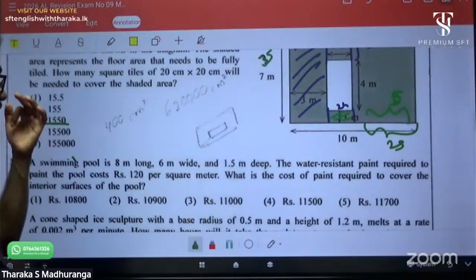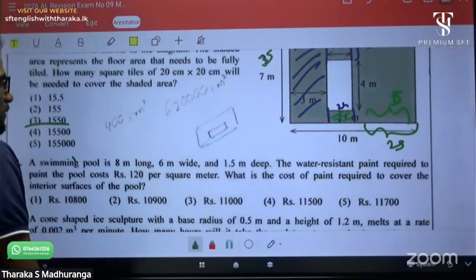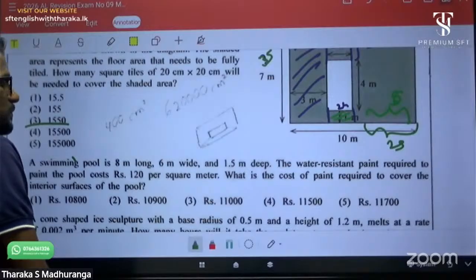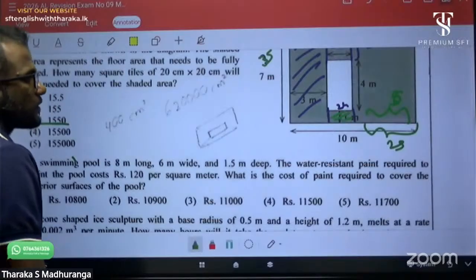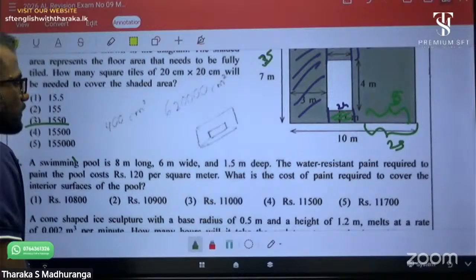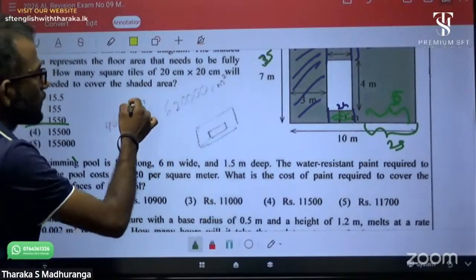Okay, first we can calculate the surface area of this tank. It's a cubic shaped tank, right?